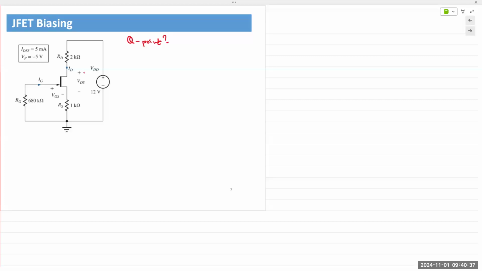And the Q point in this case would be the drain to source voltage, VDS, and the drain current, ID. So we are asked to find VDS, ID, and VGS.